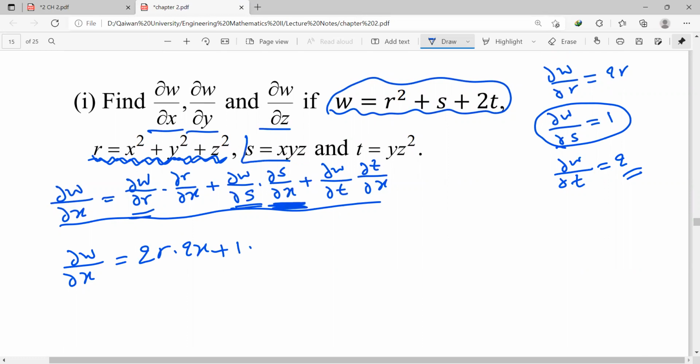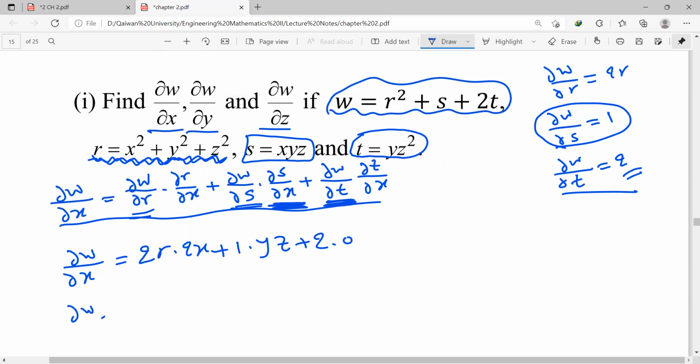What's the derivative of this function with respect to x? It's yz, is it? It's yz, plus partial w by partial t, which is 2, times partial t by partial x. Here you have no x, that means it's 0.